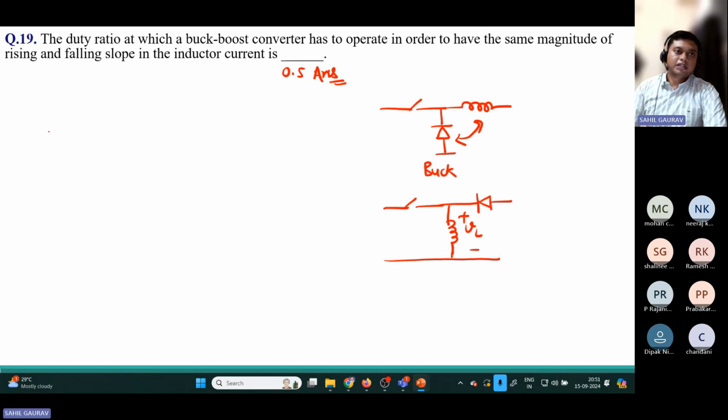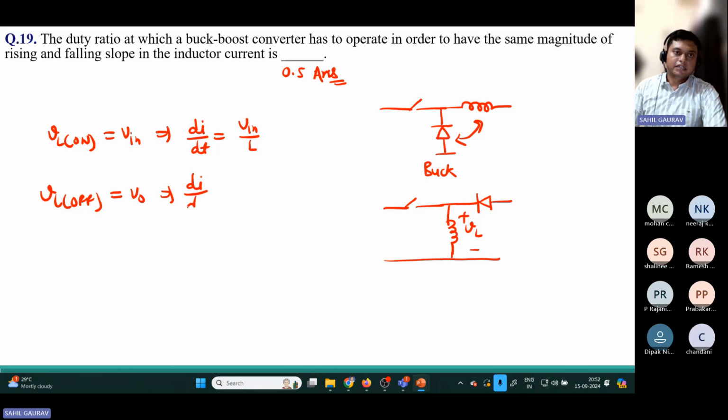So during turn on time, VL is equal to V in. So from here the slope will become di upon dt equal to V in upon L, while during turn off time the output voltage will appear.